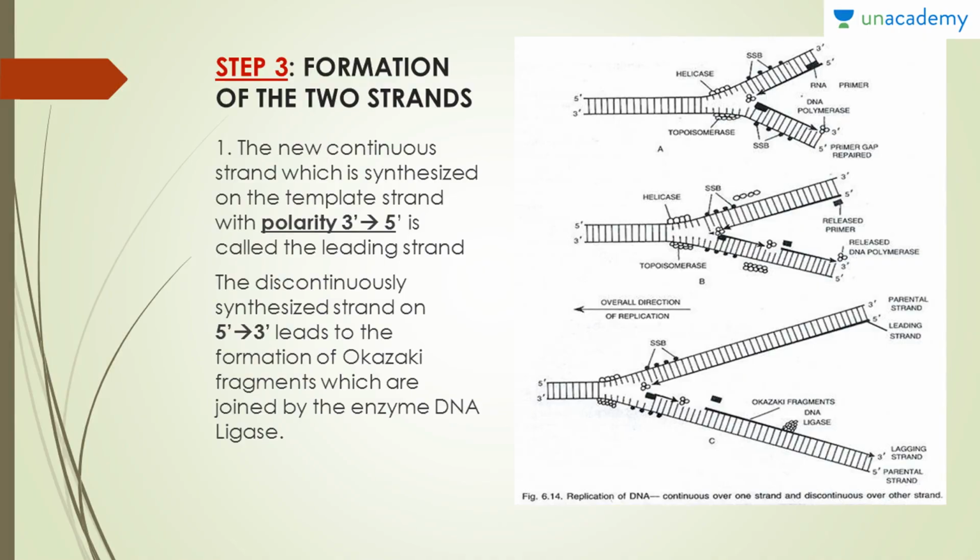When these fragments are formed, they are joined by the enzyme DNA ligase. So now, after joining, we have two strands. This one is called the leading strand, which is the continuously synthesized strand, and the other is called the lagging strand, which is discontinuously synthesized. These fragments are joined by the enzyme DNA ligase. We have to keep this in mind very thoroughly.